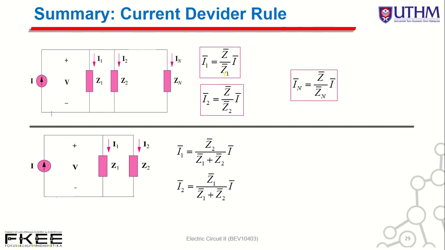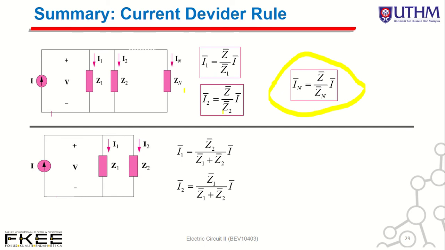I1 equal to total Z divided by Z1 times I, I2 equal to total Z divided by Z2. In general, In equal to total impedance in parallel divided by Zn, times total current. Total impedance in parallel, please remember. Let's say you have n impedances in parallel.